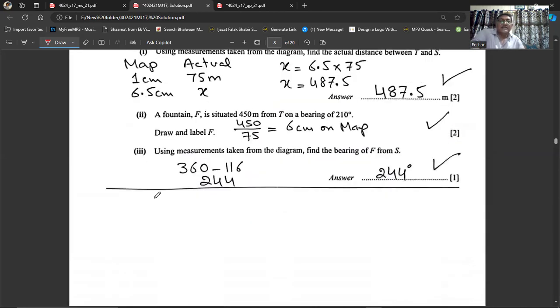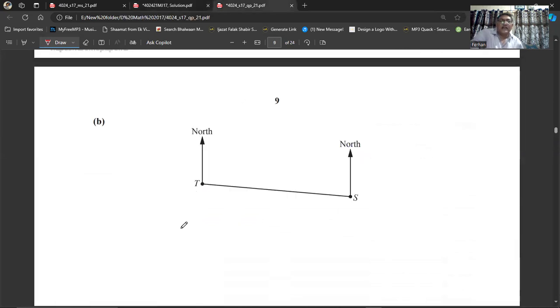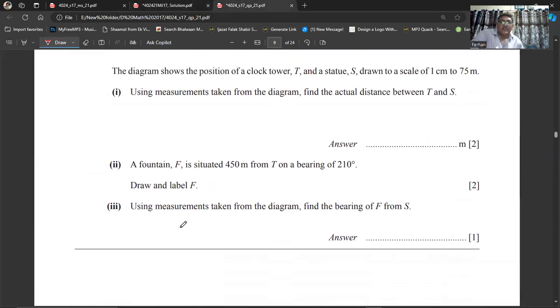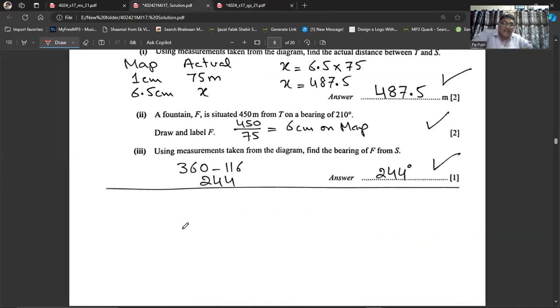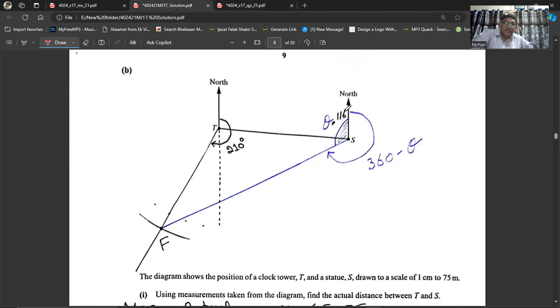Then they say, this is the third part. Using the measurements taken from the diagram, find the bearing of the F from S. F from S. I know this distance.